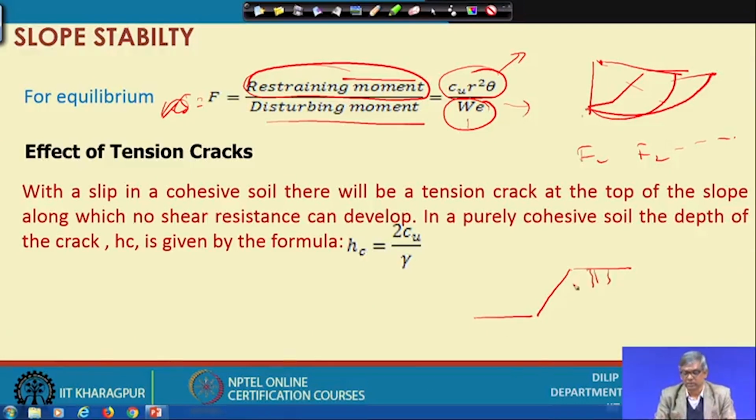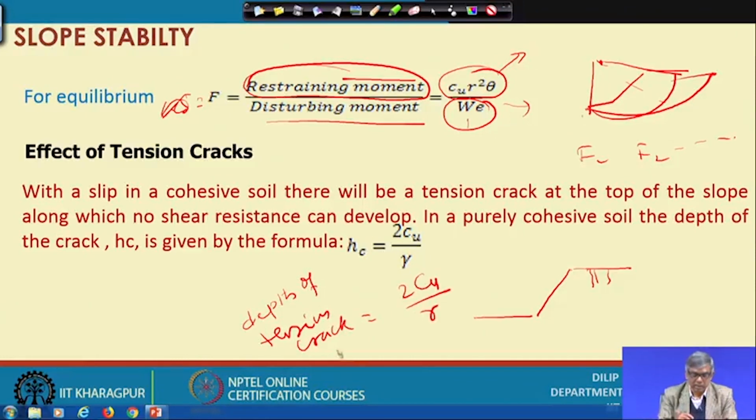Up to what depth the cracks can go, we have discussed during earth pressure, and we have shown that when there is a pure cohesive soil, the depth of tension crack will be equal to 2Cu by gamma, and in fact the depth of unsupported cut will be just double, because the pressure diagram was something like this.